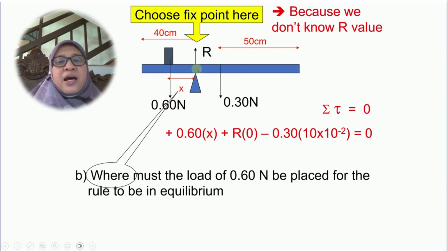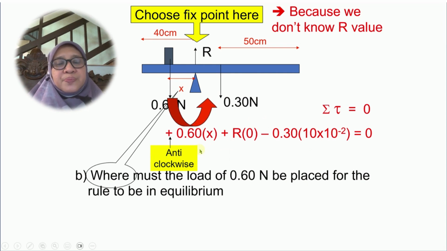R is at the fixed point, so no need to include it. Another one is 0.30 Newton. This force makes the ruler move clockwise, so the sign is negative, times the distance from the fixed point, 10 centimeters, converted to meters. Then you can solve for x.